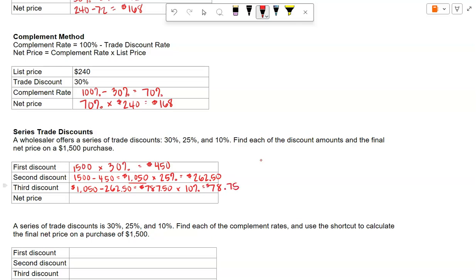Again, notice that we're taking the discounts off of the previous net prices. So my final net price is going to be $787.50 minus my last discount amount of $78.75, for a final net price of $708.75.